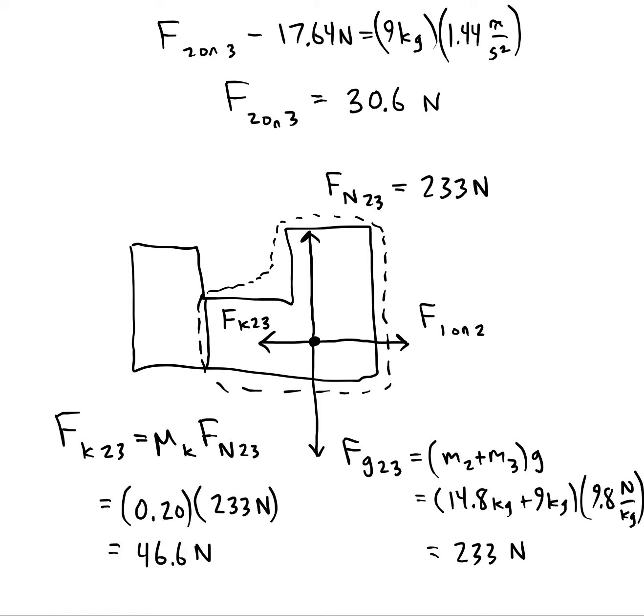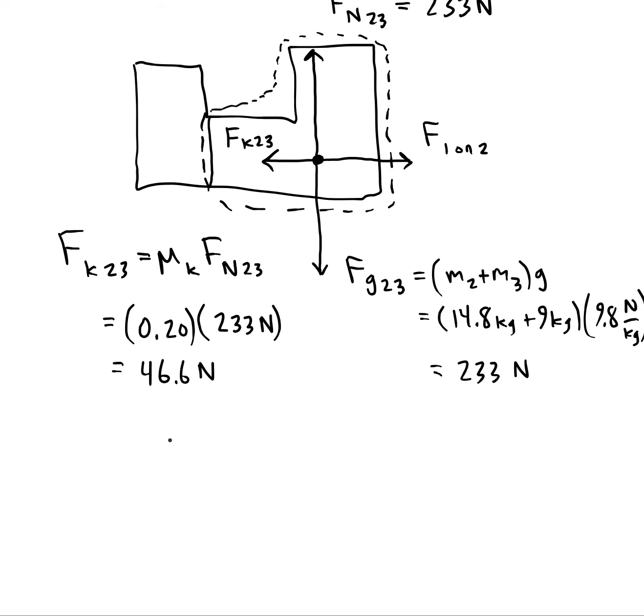Alright, now we would do the same thing as before. Set up a Newton's second law equation and apply it to just the system in question. Alright, now we can sum and difference the forces. So F1 on 2 is the larger of the two.